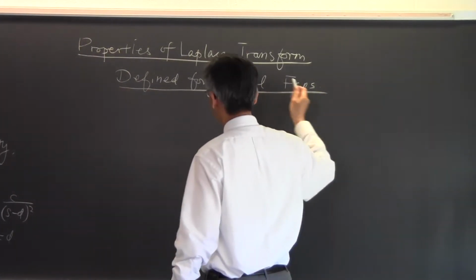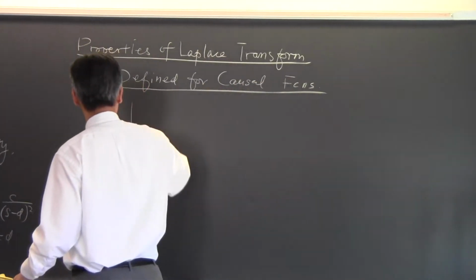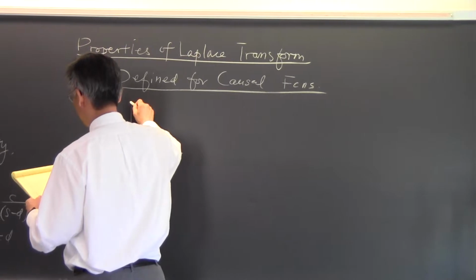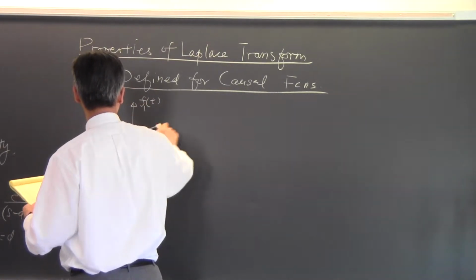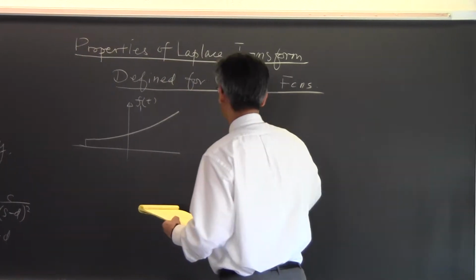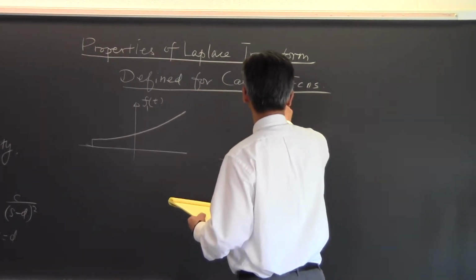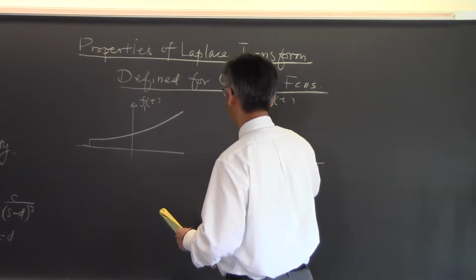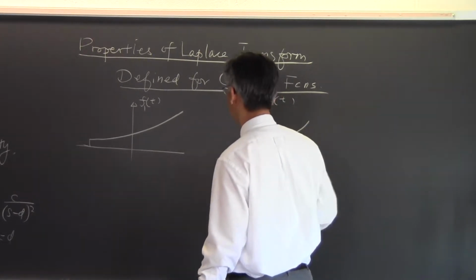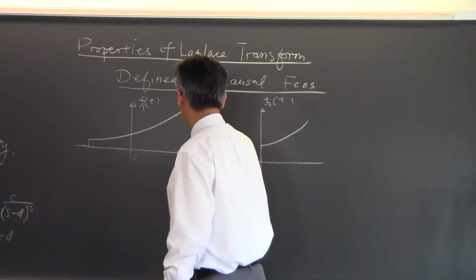So if I have two functions that look quite different, one not causal, f1 of t looking like this, and f2 of t looking almost exactly like that, but being causal, that means for t less than 0 it is 0.